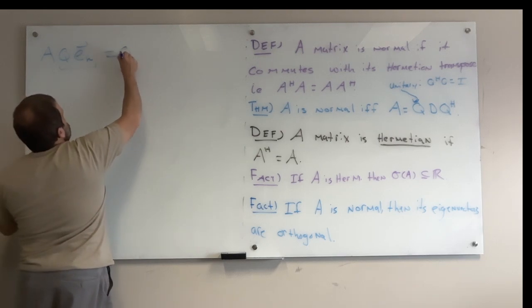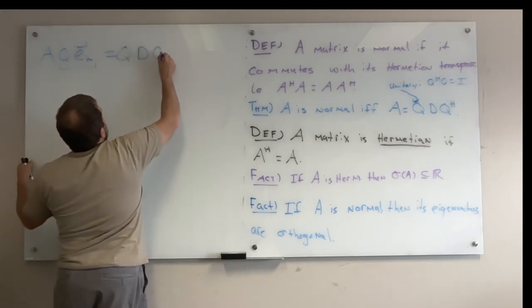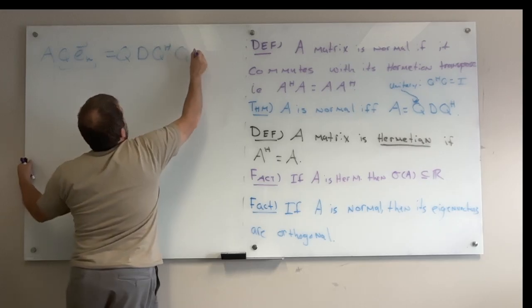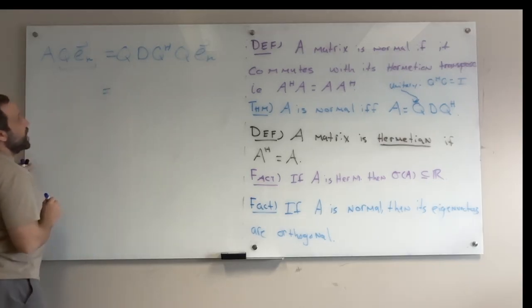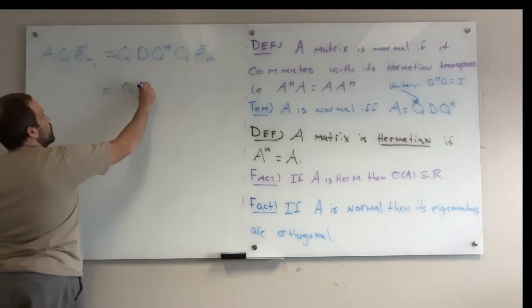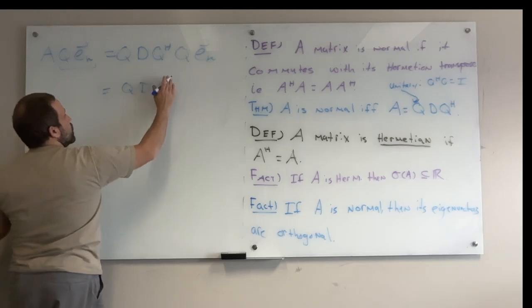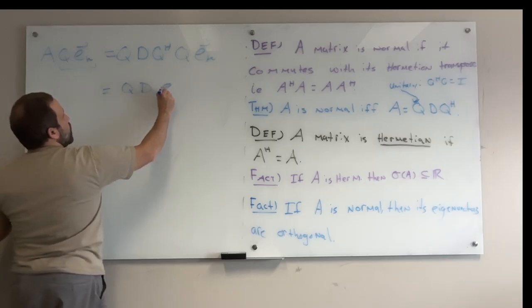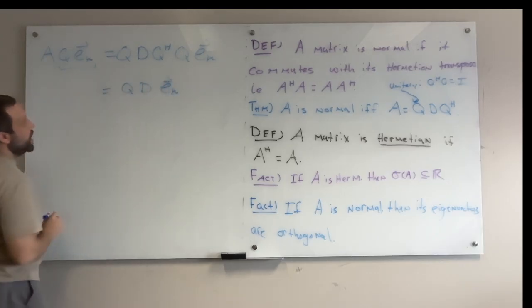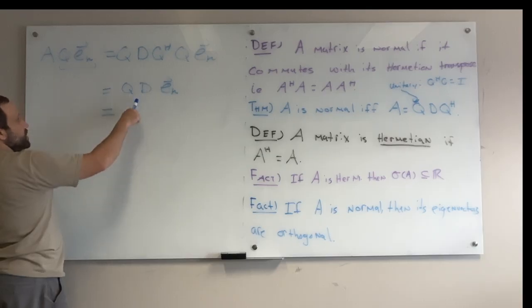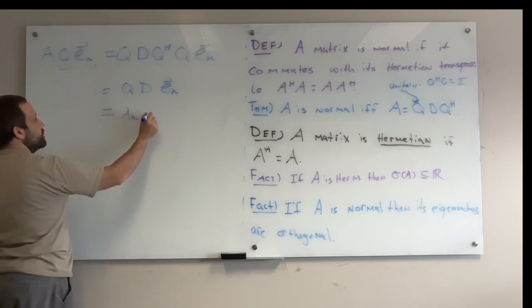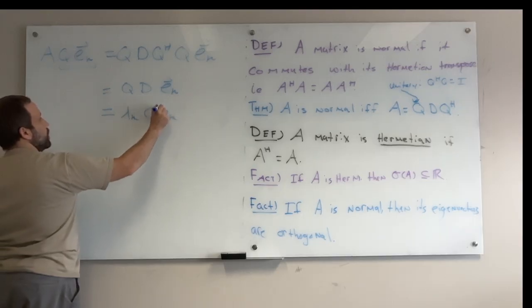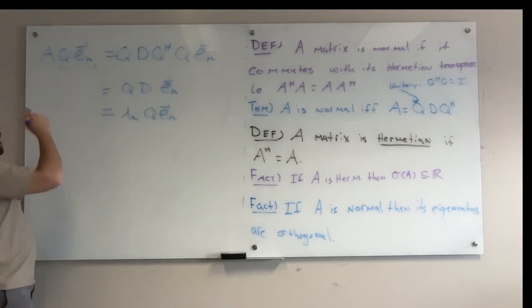So A Q e_k is equal to Q D Q^H times Q e_k. Q^H times Q is the identity matrix, so this is simply Q D e_k. And as we have seen before, D times e_k is just lambda_k times e_k. So this is lambda_k times Q e_k. Okay, so this says Q e_k is an eigenvector of A.